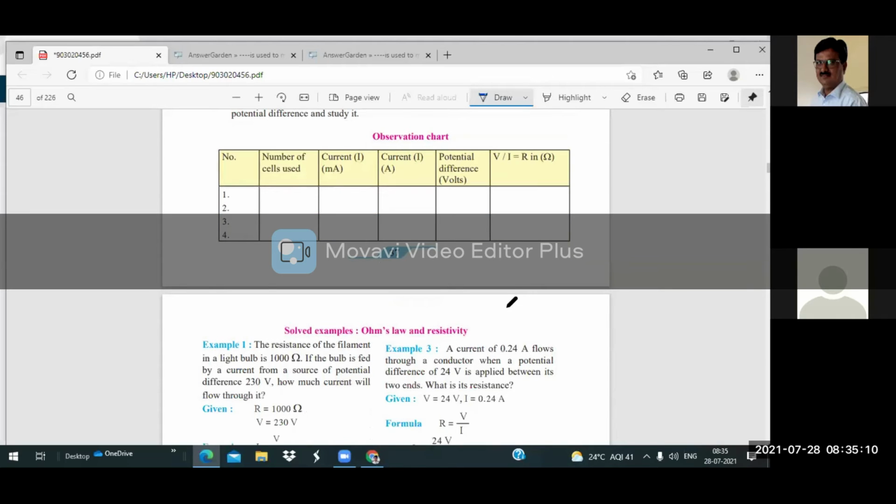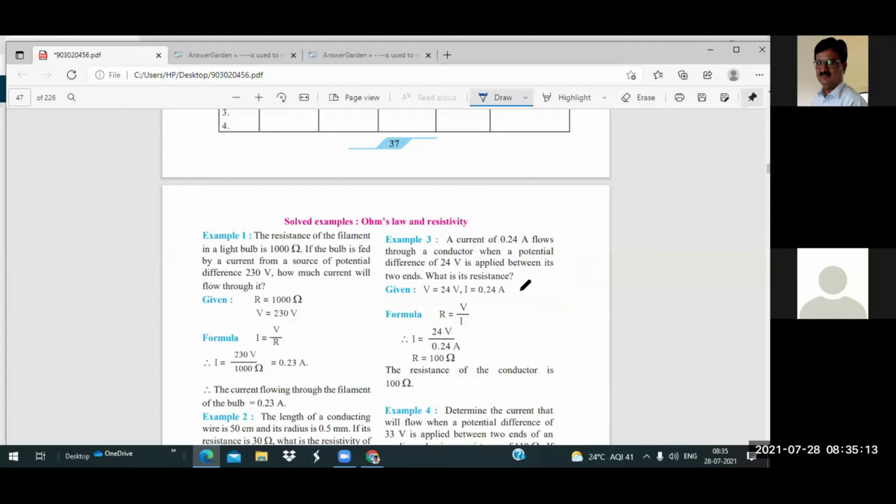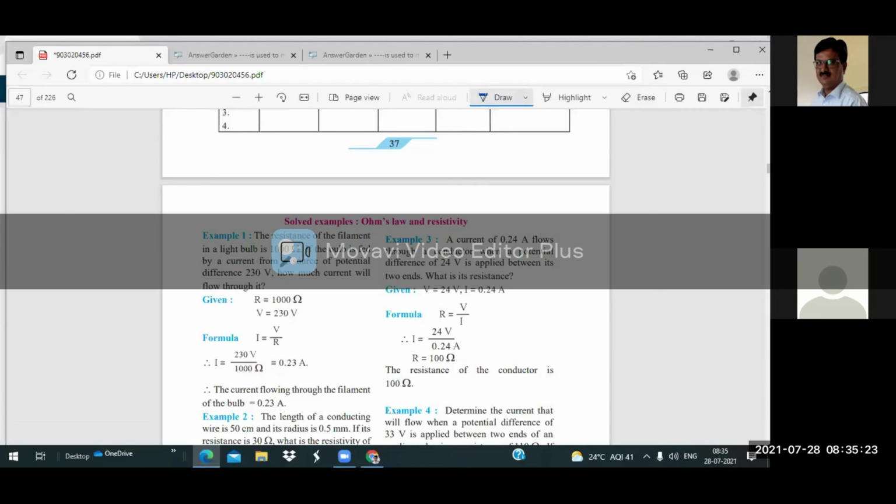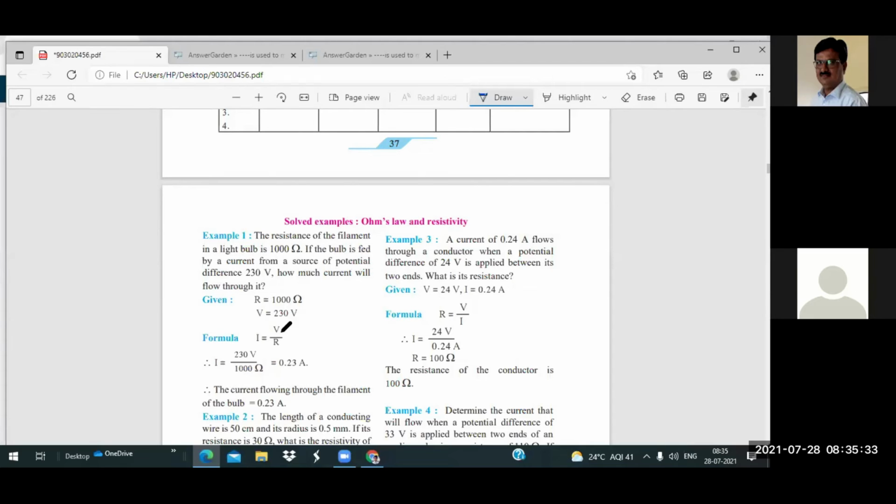Now we'll check some examples on Ohm's law and resistivity. First example: the resistance of the filament in a light bulb is 1000 ohm. If the bulb is fed by current from a source of potential difference 230 volt, how much current will flow through it?